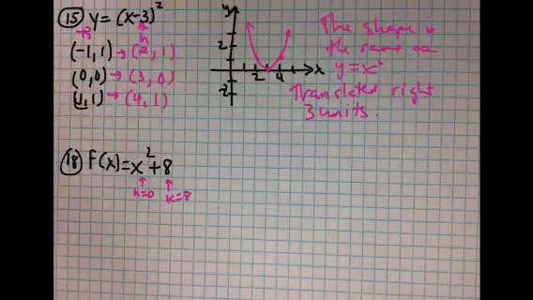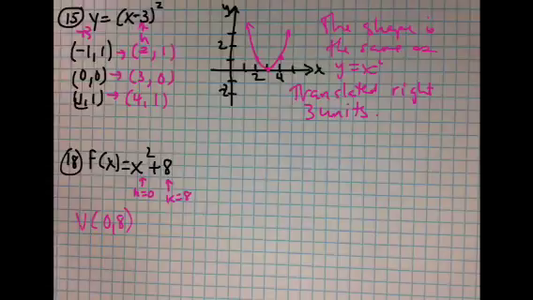The reason why I say h is 0 is because there's nothing added or subtracted to the x inside parentheses, being squared, so the x is by itself, so the h is 0, and then the k is 8. So this graph is moving up 8 units. Okay, vertically, it's moving up. So the vertex would be 0, 8.